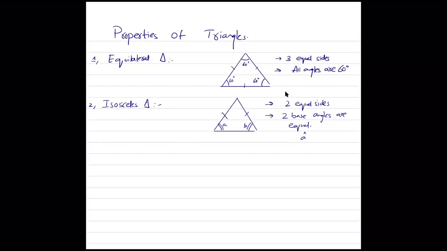So angle A is going to be equal to angle B. Then you can have a scalene triangle that does not have any side the same as another side. All the sides are different. So no equal sides and all angles are different.